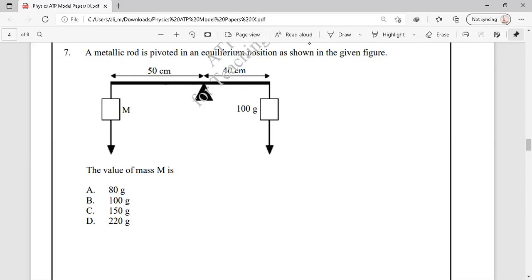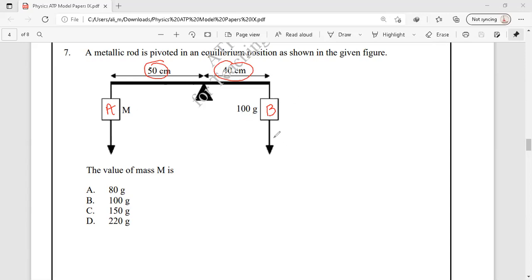The metallic rod is pivoted in an equilibrium position as shown in the given figure. And we have to find the mass M of this body. Let's say this is body A and this is body B. We have the moment arms 40 centimeters and 50 centimeters, and we have to find the mass.